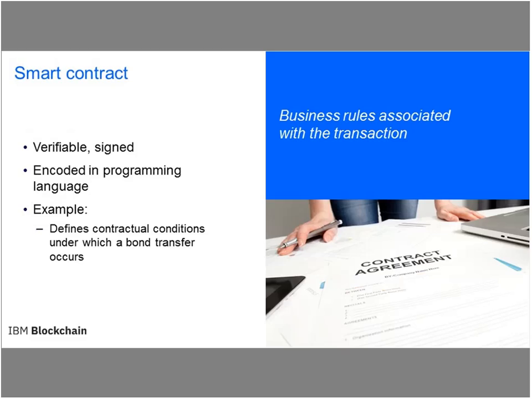Next is the smart contract. I have described that these are the same business rules encoded in a programming language. And it has some characteristics: it is verifiable and signed, on slide number 12. Why is it signed? Because it has some internal characteristics. When we go deep into blockchain technology, we will see that to create one transaction, we need to provide some kind of e-certificate.